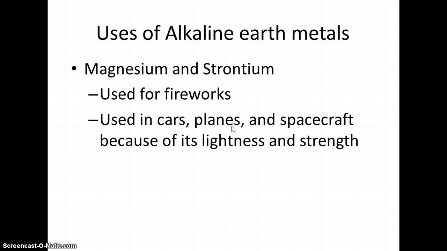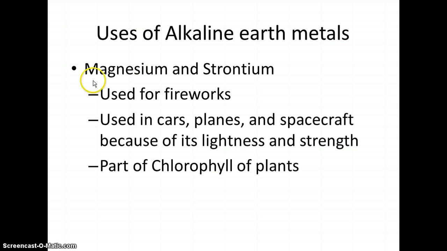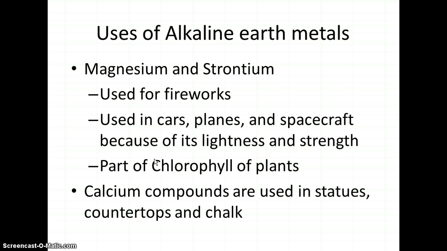It's very light, but it's extremely strong. The other thing, magnesium by itself, is part of the chlorophyll of plants. Chlorophyll, just as a reminder, is in photosynthesis. So parts of plants are made with magnesium.